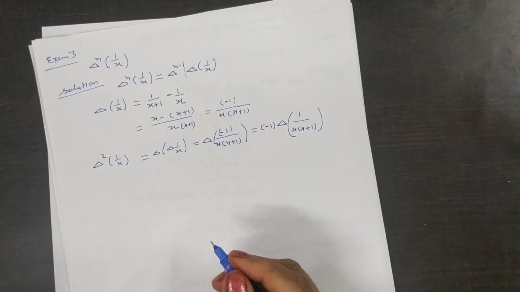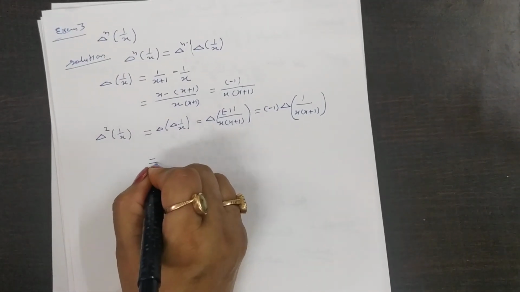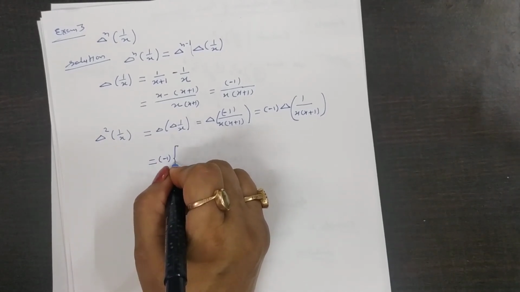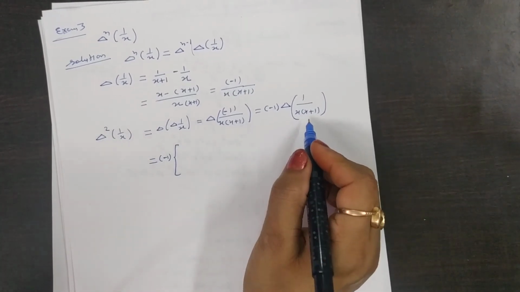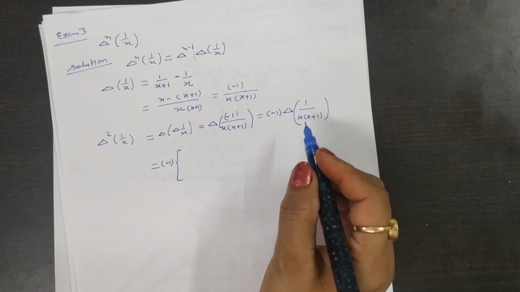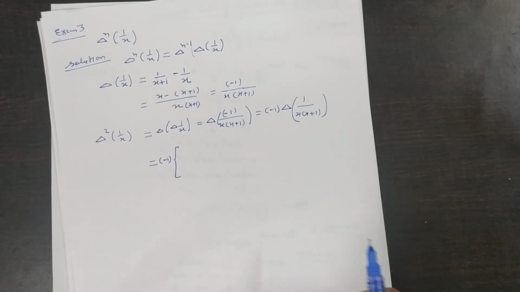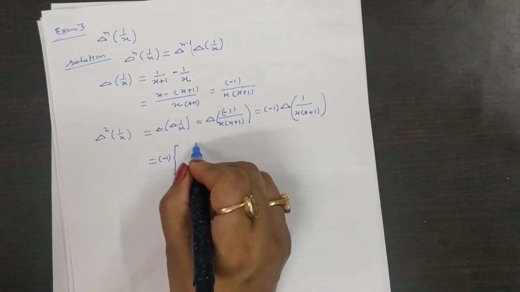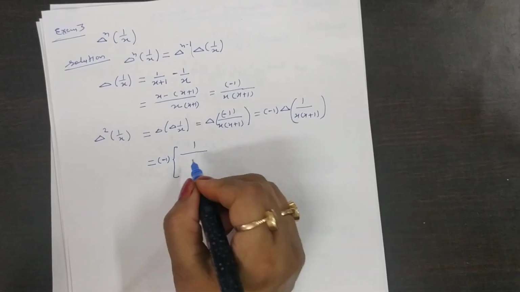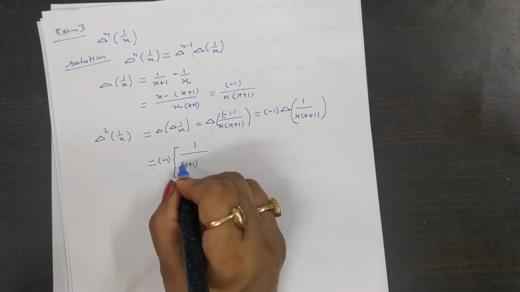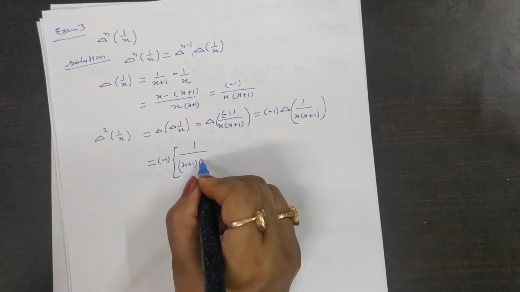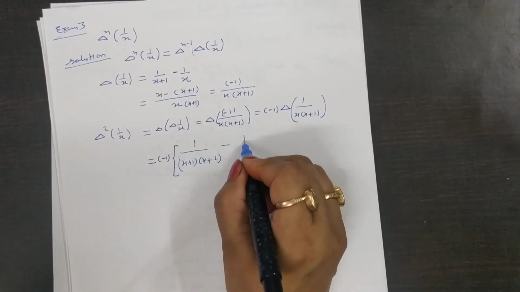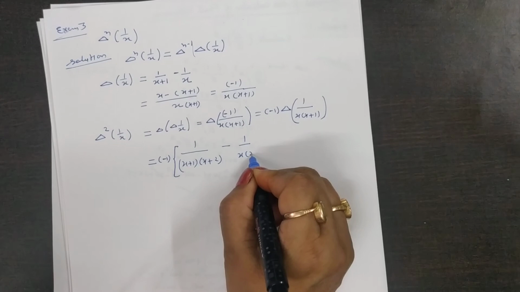Okay. Now you again operate using the definition of delta as earlier. So this can be written as minus 1, taking the common factor out, and then f of x plus h minus f of x. Here the difference is unity, so we get 1 by x plus 1 into x plus 2, minus the same term f of x, that is 1 by x into x plus 1.